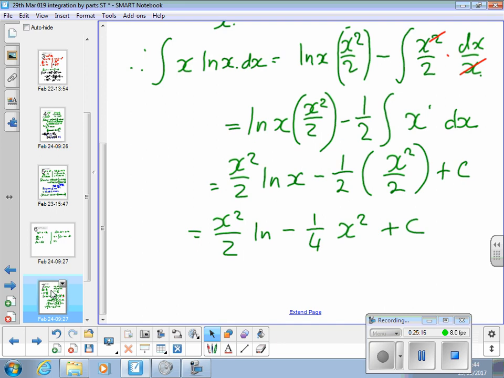If you got that far, you get full marks. Right, not worried particularly about the simplification at the end. You will drop marks if you don't put the constant of integration on at the finish. Okay.